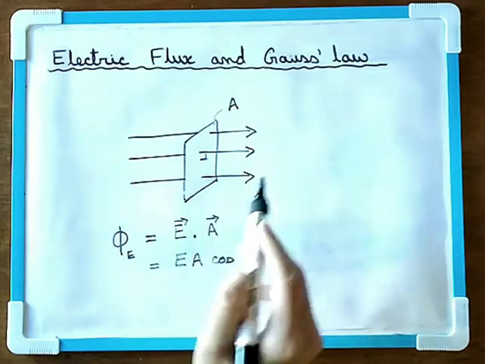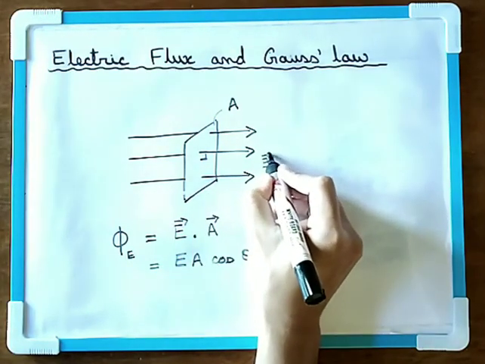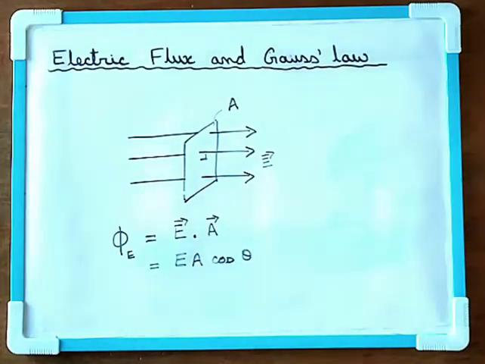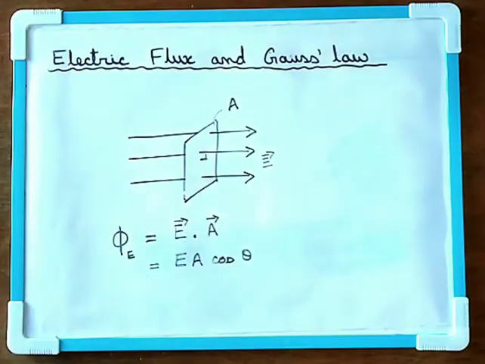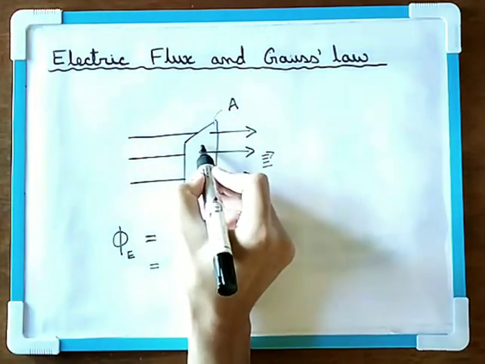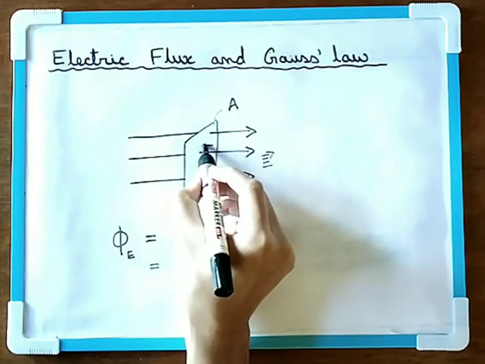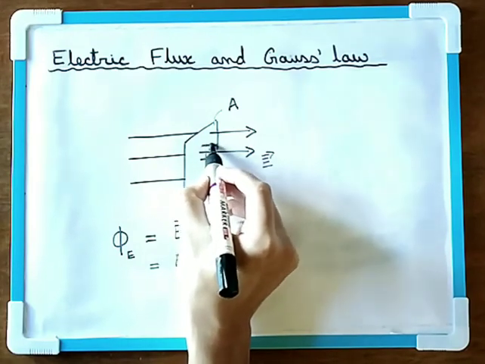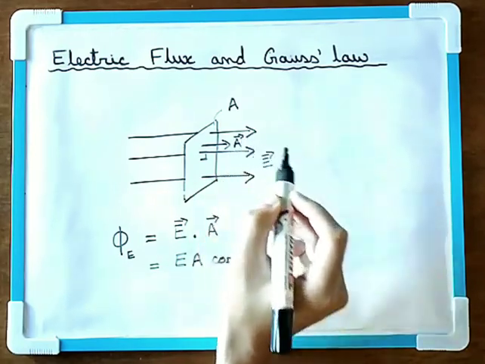So for example, here your E vector is in this direction, and the area vector, the direction of the area vector is always normal to the area. So your area vector will be in this direction. So this is your A vector.